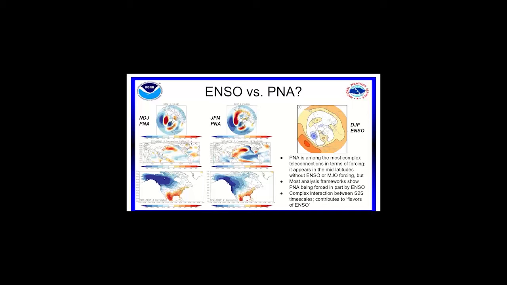Most analysis frameworks show the PNA being forced in part by ENSO as a function of season. And the reason is a complex interaction between subseasonal and seasonal timescales. This also contributes to something I'll touch on briefly in a second, which is flavors of ENSO, and how that might affect the teleconnection pattern. And for reference, this upper right panel is that standing low frequency ENSO footprint.